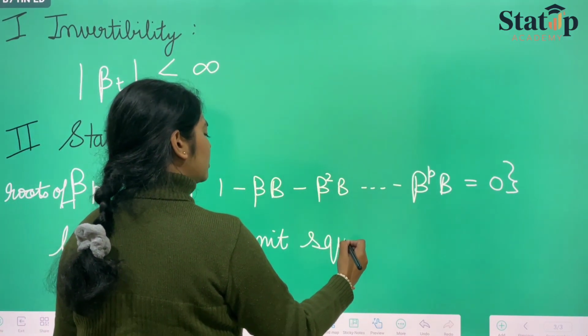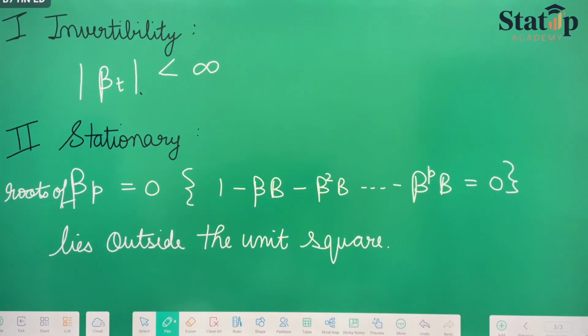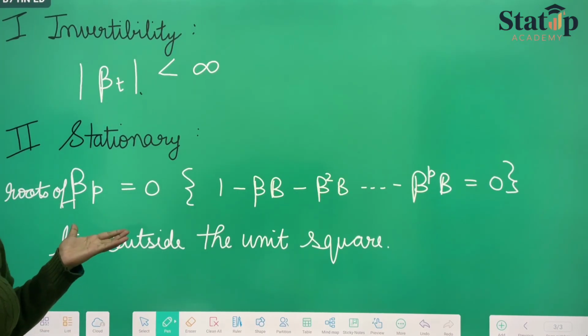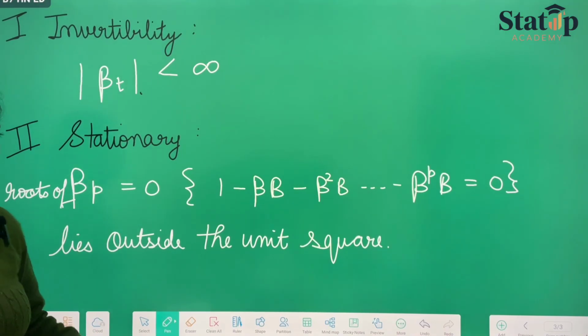Then only our model can be termed as stationary. So for invertibility, the measurement is when the modulus of the series we have calculated is less than infinity, and for stationarity when the roots of this equation lie outside the unit circle. Then only this can be termed as stationary and invertible.